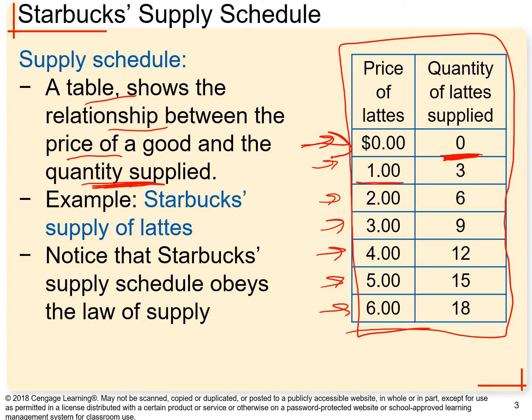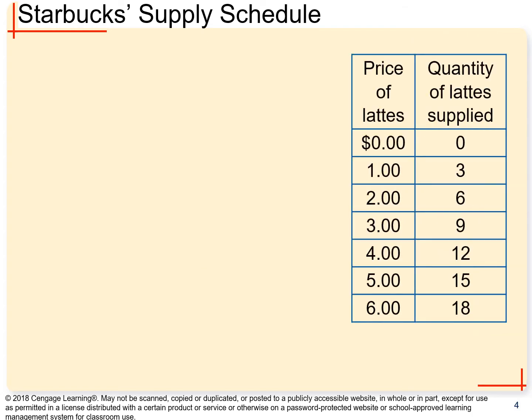When the price of the product is increasing, sellers want to supply more. When the price is even higher, sellers want to supply even more. Again, the law of supply says if the price of the product is increasing, then quantity supplied is going to increase as well.